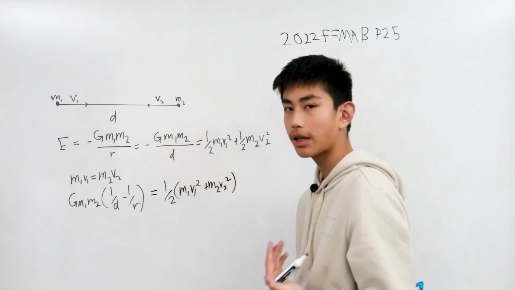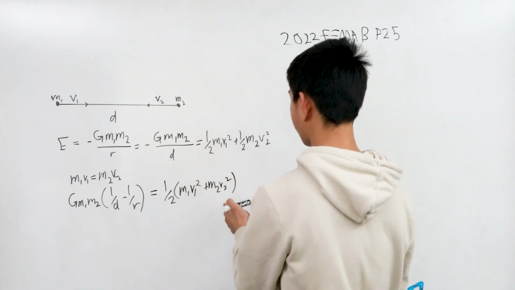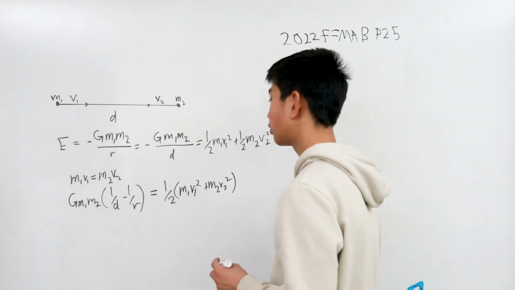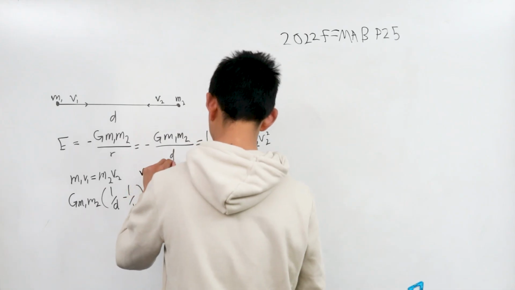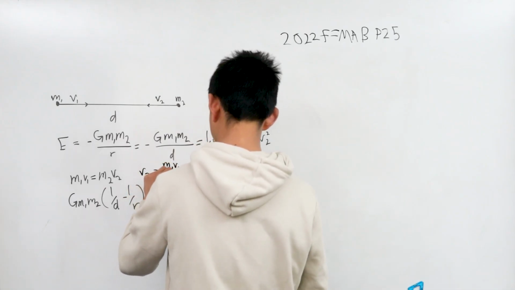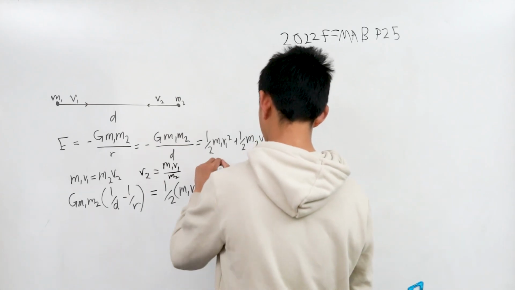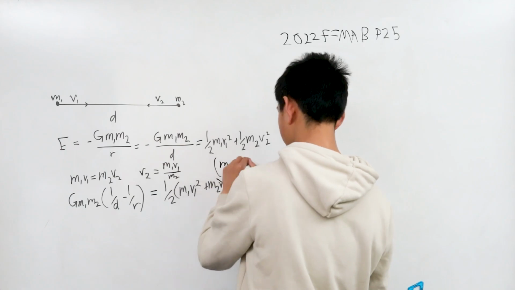Now we want to get the same variables in this equation, so we can substitute a value for V2. From this equation we divide both sides by M2 to get that V2 is equal to M1 V1 over M2. So this V2 becomes M1 V1 over M2, squared.